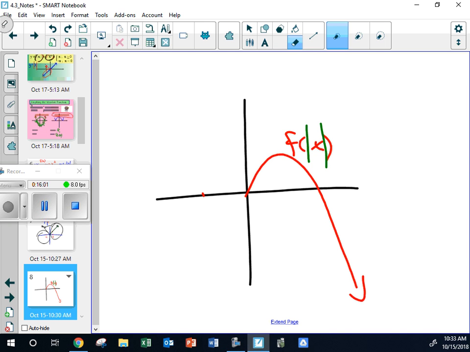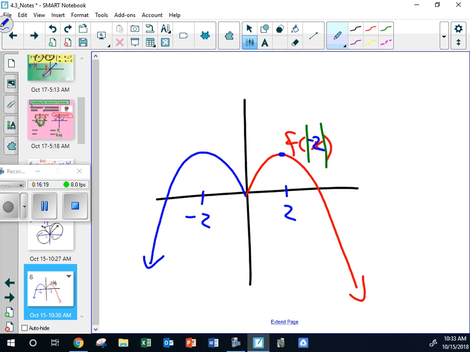Now, remember me saying that when you put in like a 2, you got an output. And now when I put in a negative 2, it's going to think I put in a positive 2. The final answer then is the golden arches, except they're blue in this case.